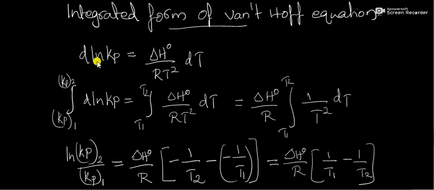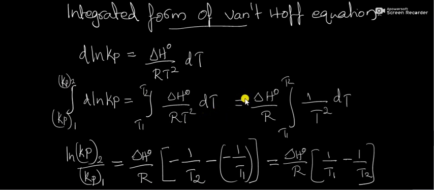On integrating this equation, let Kp1 and Kp2 represent the value of equilibrium constants at two temperatures T1 and T2. So on integrating this equation, we can write integral Kp1 to Kp2 d ln Kp is equal to integral T1 to T2 delta H0 divided by RT square into dt.